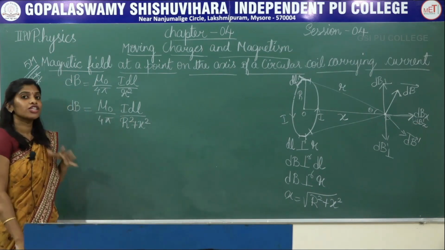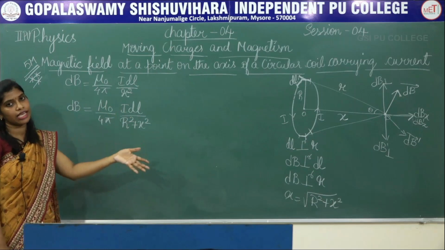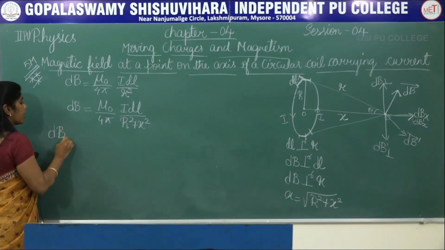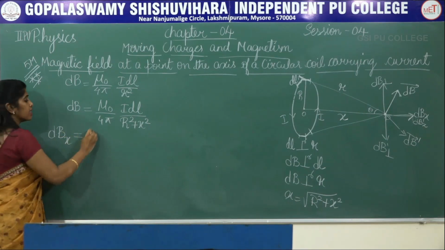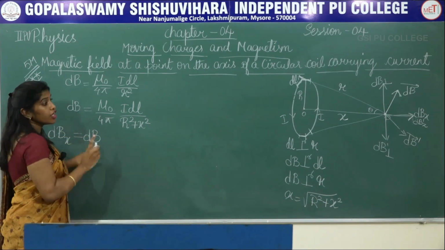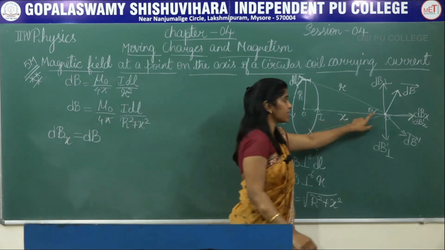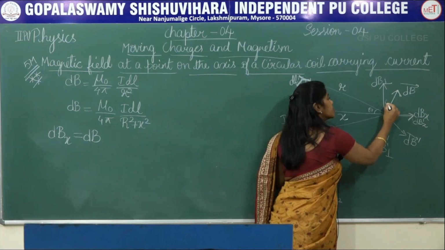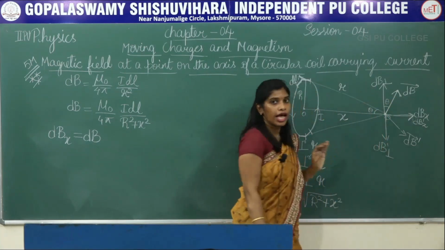So we know that the components which are along the x-axis are going to get summed up. Therefore, dBx is written as dB into, so if this is theta, I have taken this angle as theta, then this angle becomes theta because they are corresponding angles.